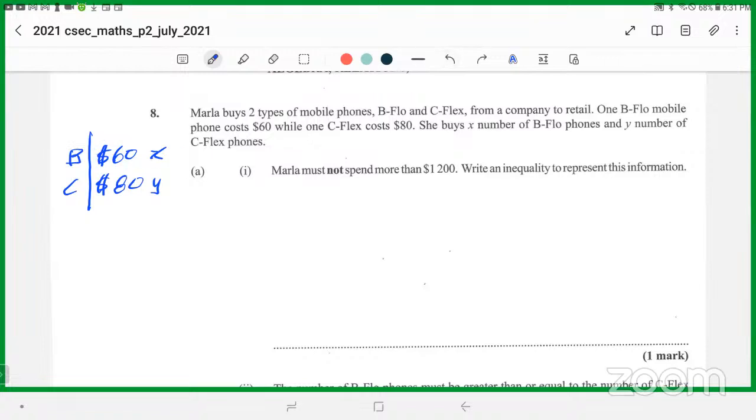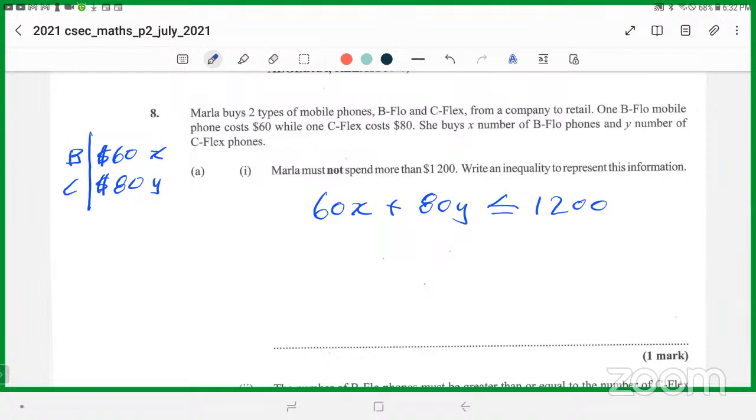That's 60X. Plus, this is what she spent on the Y phones. $80 each, and it's Y of them. That's 80Y. And she can't spend more than $1,200. So this total that she's spending has to be less than or equal to 1,200.